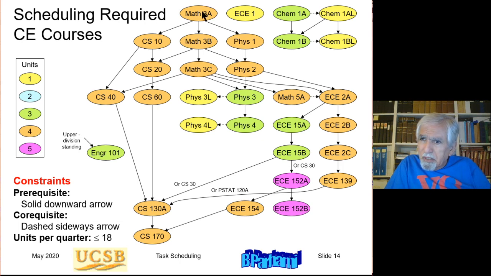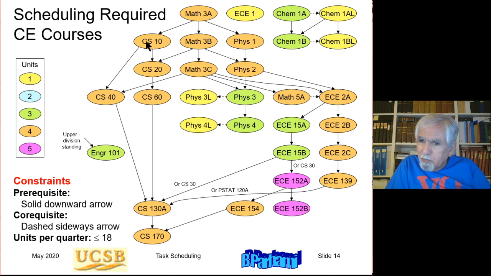Orange is 4 units, 4, 5, 8, 9. 9 units is basically doable in one quarter. So you can take all the courses in that layer in one quarter, again assuming that every course is offered in every quarter. So this will be fall quarter freshman year. Then winter quarter freshman year.